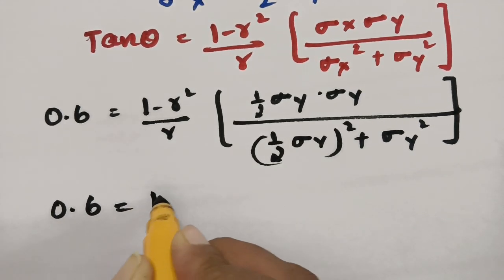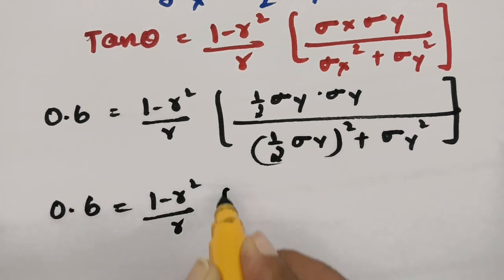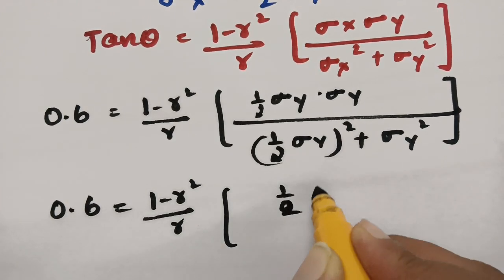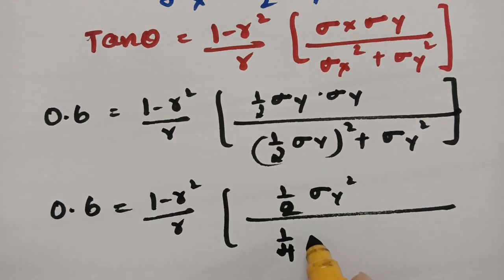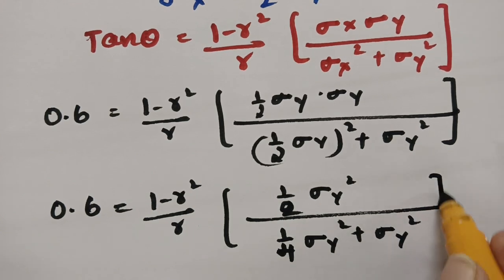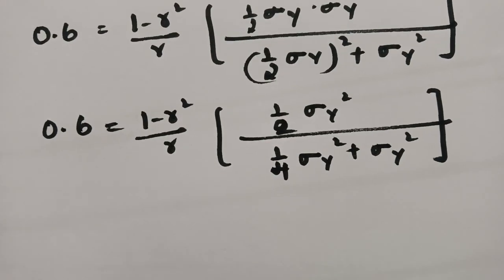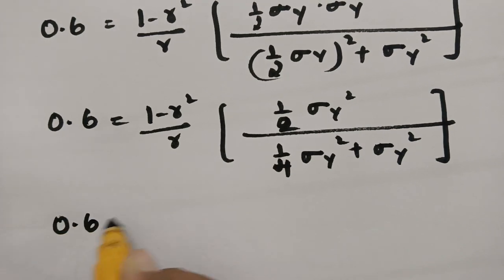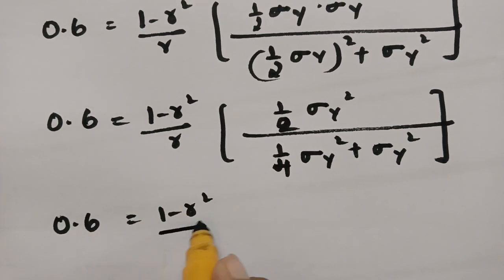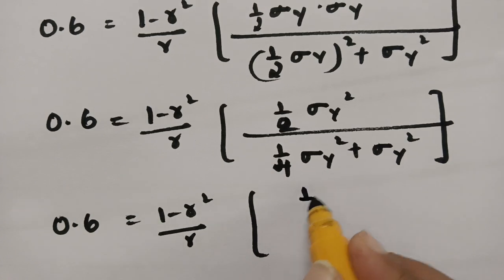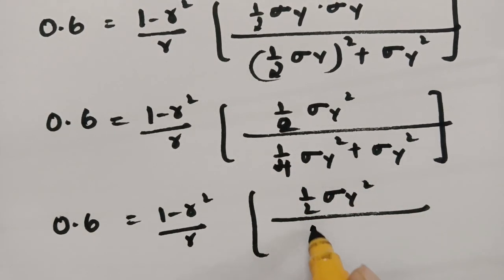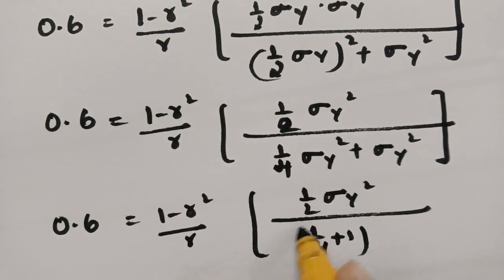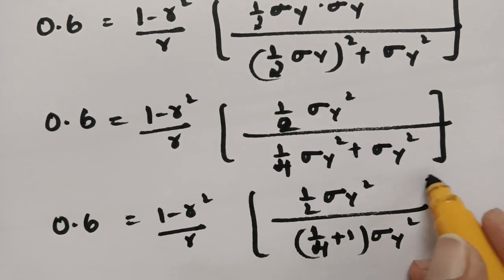This is 0.6, this is (1 minus r square) by r, into half times sigma y square, divided by 1 by 4 sigma y square plus sigma y square. Clear? So 0.6 is equal to (1 minus r square) by r into half sigma y square by, if I take sigma y square common, 1 by 4 plus 1, into sigma y square.